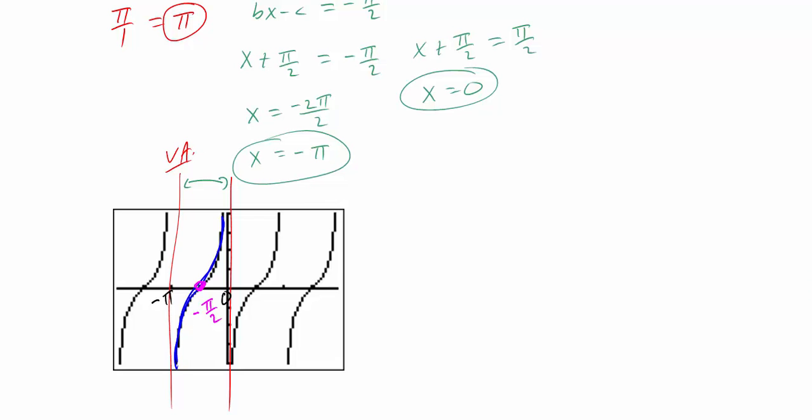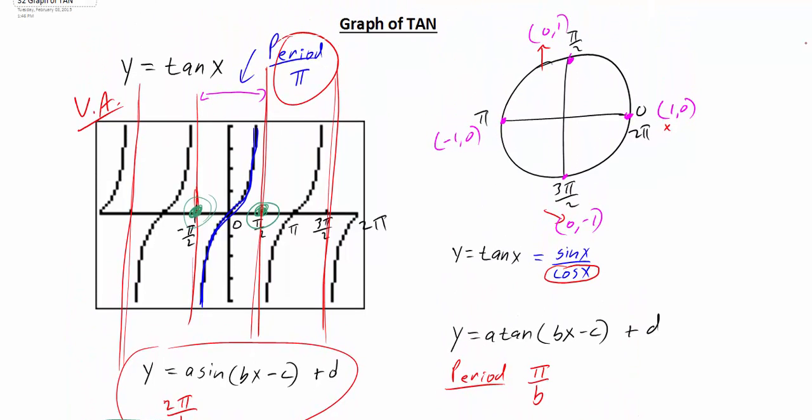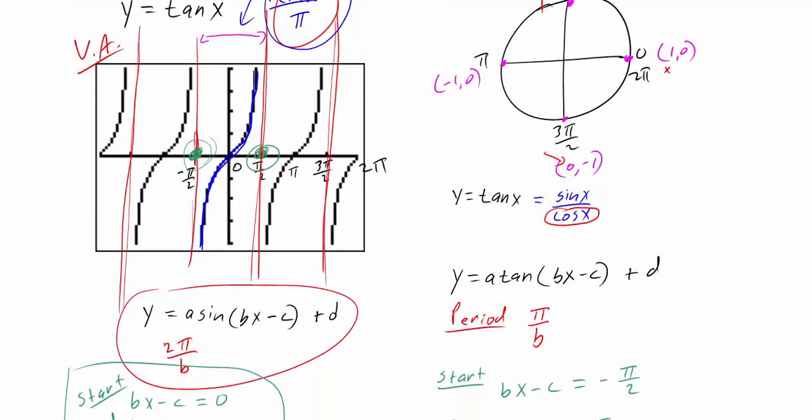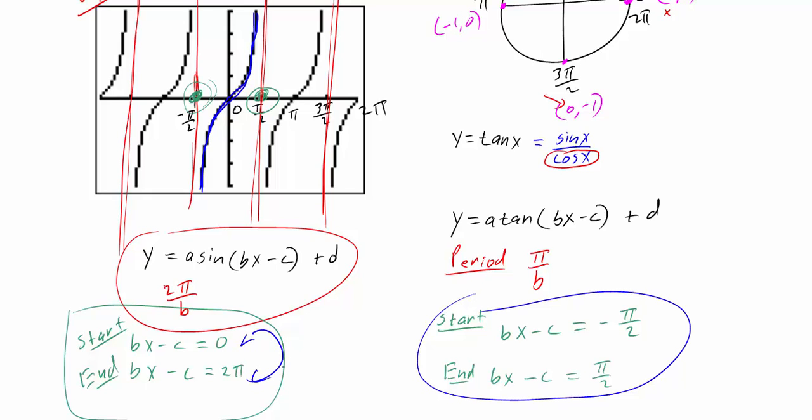The one thing you have to remember when you're looking at the tangent function, I want to really emphasize that the period up here is 1 pi, and for the start and the end of one particular period, we're going to set this equal to a negative pi over 2 and a positive pi over 2, as opposed to what we did before using 0 and 2 pi for the sine function.